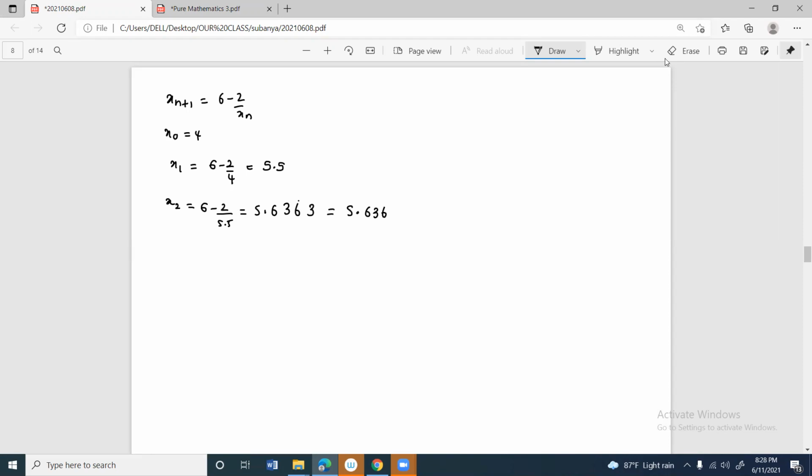It's not similar to this, which is 5.500. x_3 is 5.6451, that is 5.645.